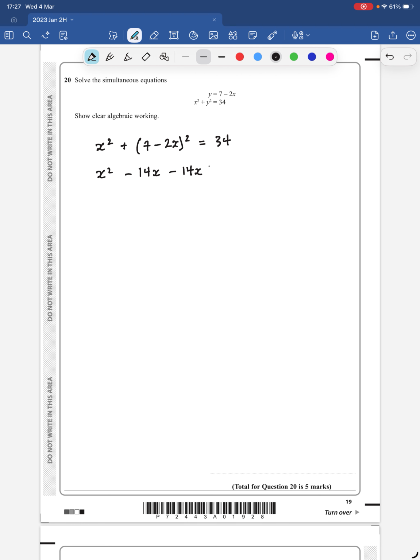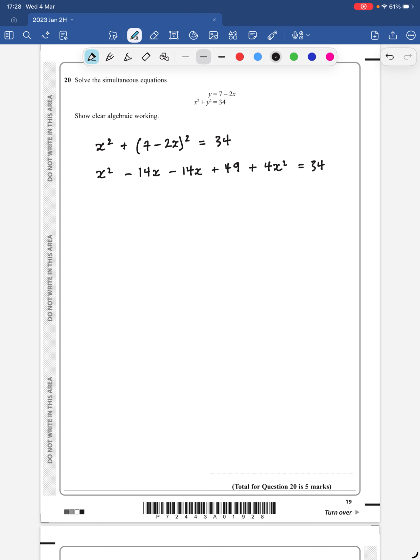I forgot my 49 actually, so plus 49, and I'm going to have plus, because I'm multiplying minus 2x with itself, plus 4x squared, and that's still equal to 34.